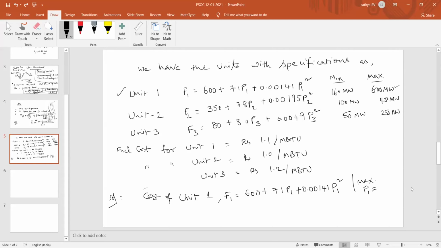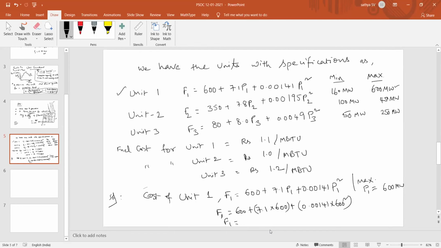For P1 it should be 600. So substitute and tell me the value of the cost of unit 1, F1: 600 + 7.1 into 600 + 0.00141 into 600 square. Do it in your calculator and tell me the cost of unit 1.